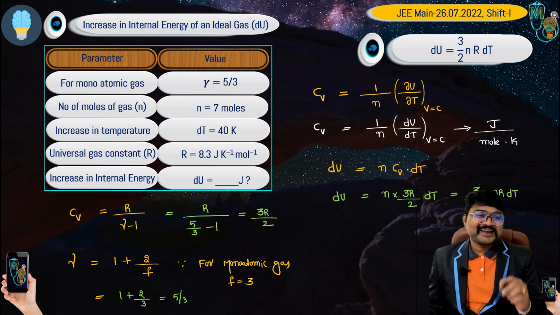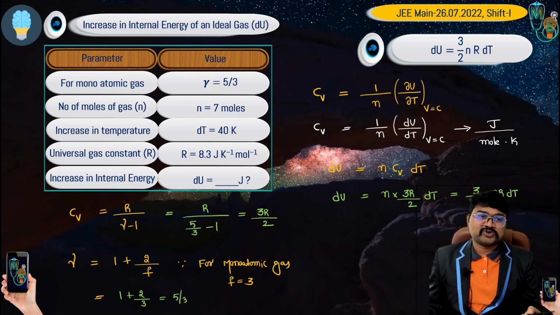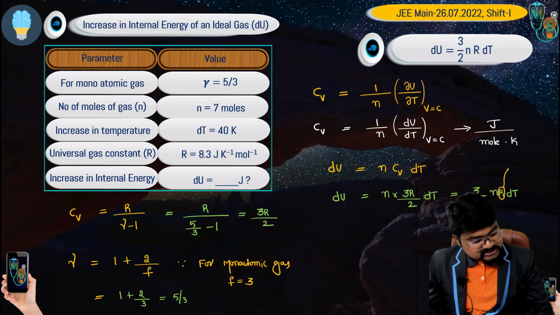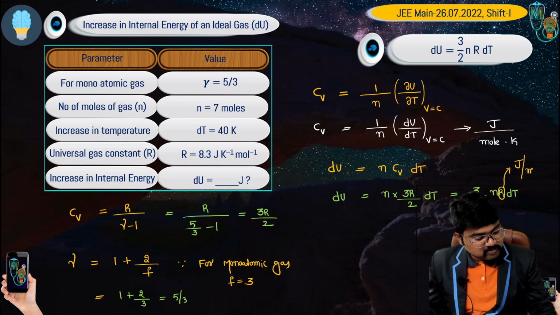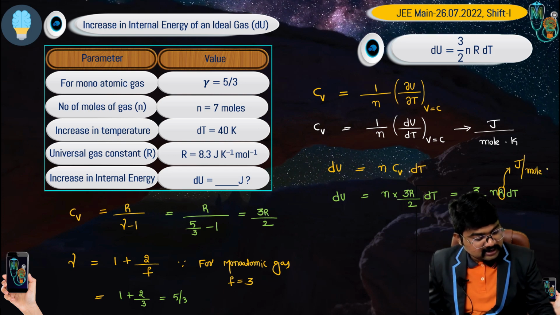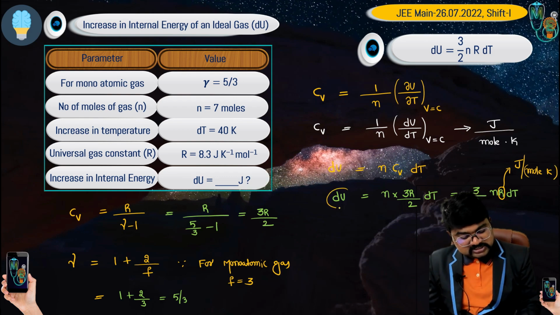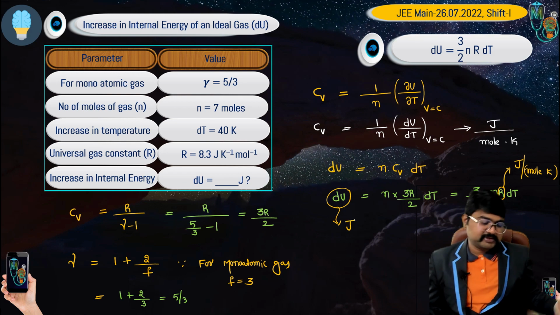Okay? n R bar dT. Here R is given as the universal gas constant. So what is the unit of R here? Joule per mole Kelvin. Here this is the unit. What is the unit of this? In terms of joule you will be getting.